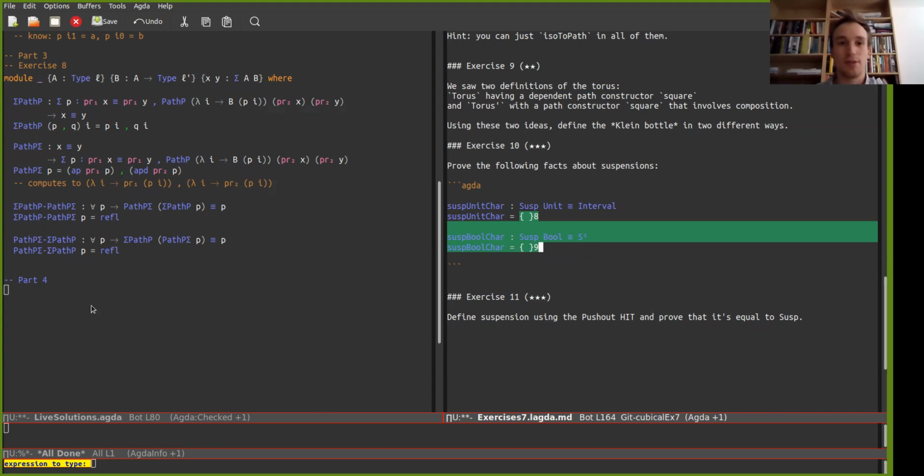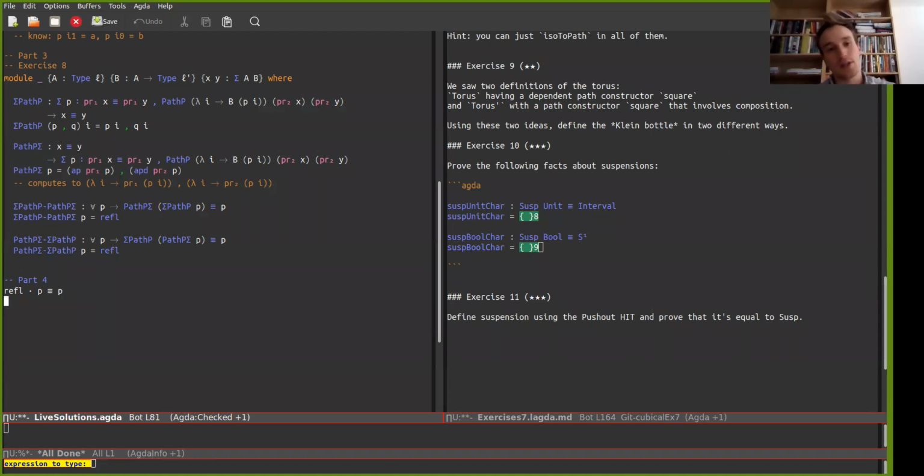For example, assuming something like refl composed with some p equals that p, and these kinds of things. In Cubical Agda you have to prove these using these hcomps and fillers. And we're not going to do this because we only have 2 more lectures.